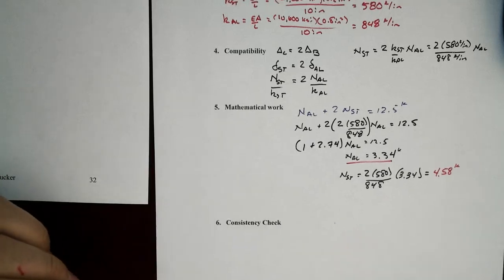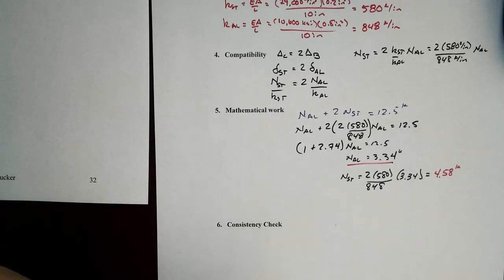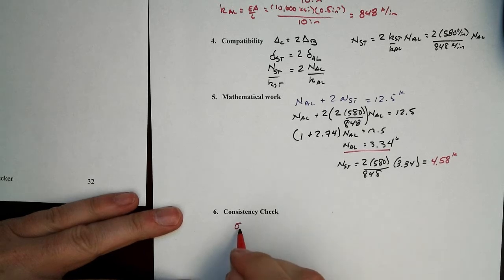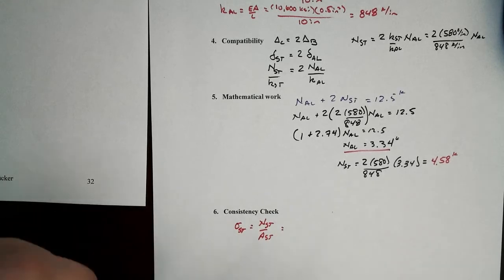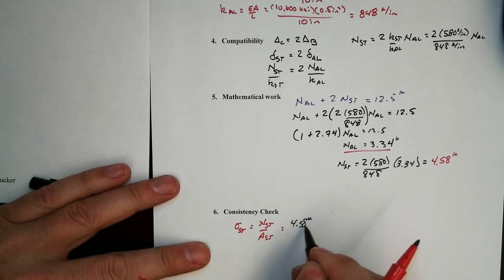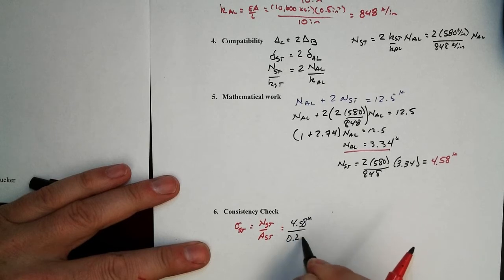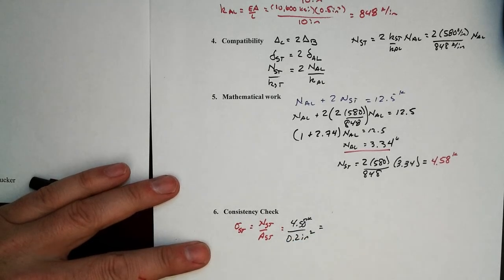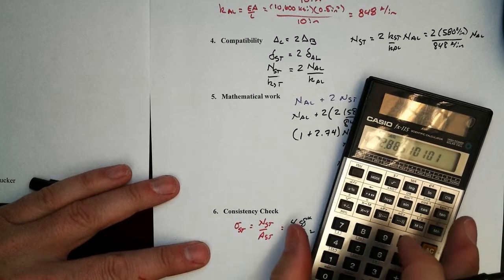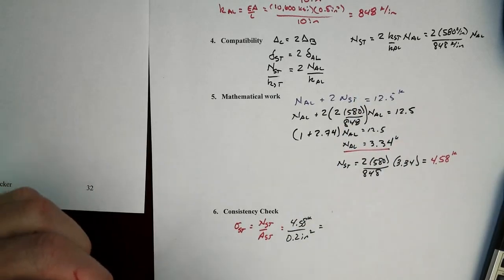Alright, so we were asked to find the stress on the 2 rods and the deflection at point D. So let's go get first a consistency check and calculate stresses all at the same time. The stress in the steel is equal to the axial force in the steel divided by the area in the steel. That we just found out was 4.58 kips divided by 0.2 square inches, and then that will give us a stress of 22.9 KSI.